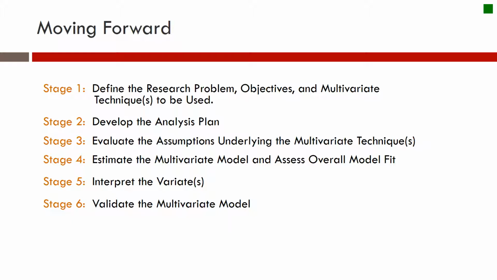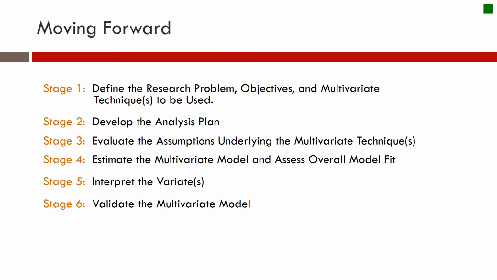We're going to evaluate the assumptions of the data, making sure that the data is in the right shape and form so that we can do the analyses that we want to do. We want to run our data assessment and do our statistical tests. We want to interpret the variate. A variate is a series of variables.